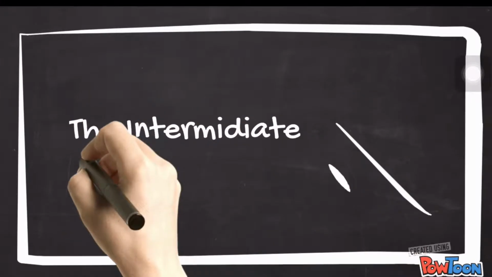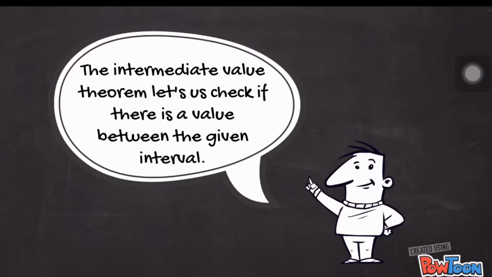The next topic to be discussed is the intermediate value theorem. It will be discussed by our friend Tyler Reyes. The intermediate value theorem lets us check if there is a value between the given interval.